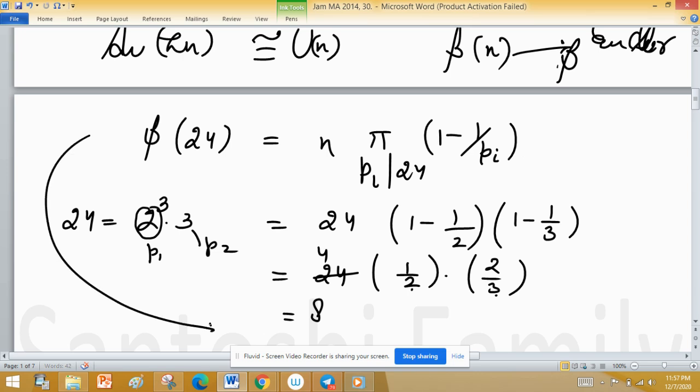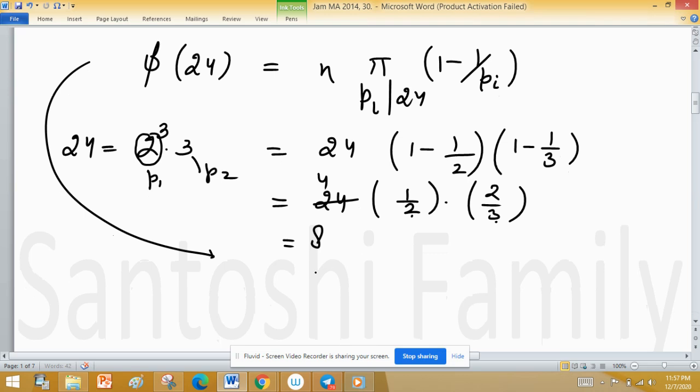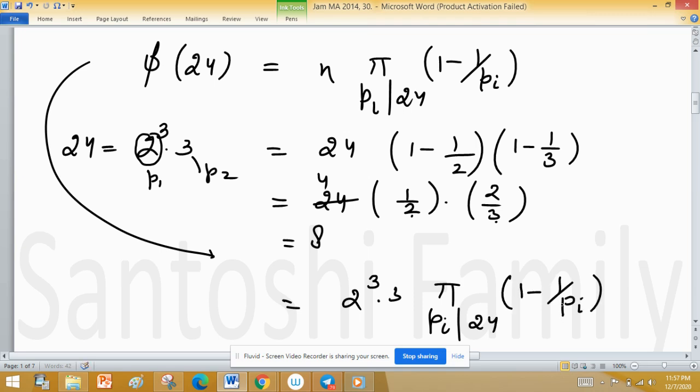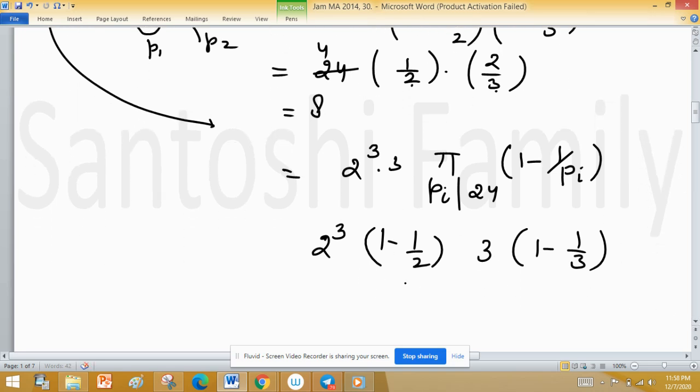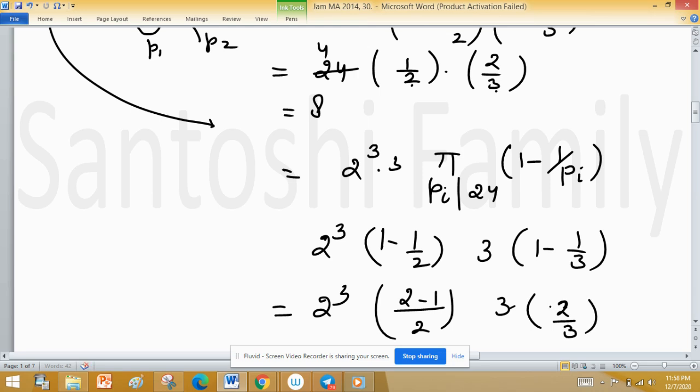This formula, the Euler phi function, can be easily evaluated as follows. 24 can be written as 2 raised to the power 3 into 3, and this is the product over the pi's, where the pi's are divisors of 24, and this is 1 upon pi. Now if we write 1 minus 1 upon 2 and 1 minus 1 upon 3, with 2 raised to the power 3 here and 3 here, then it will be 2 minus 1 upon 2, and this will be 2 raised to the power 3, and 2 upon 3, or 3 minus 1.